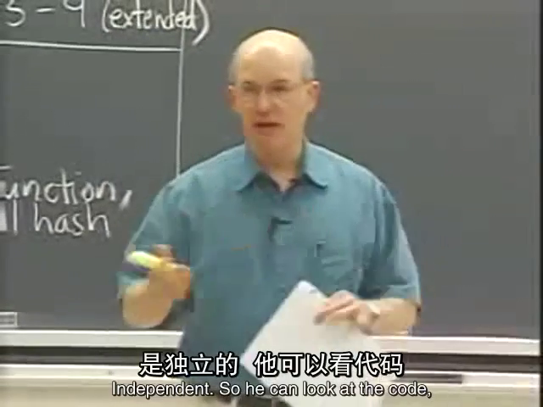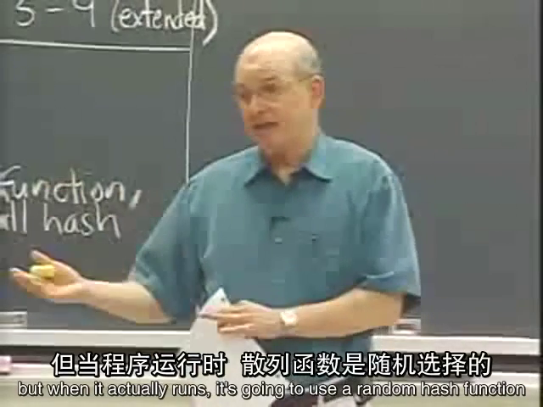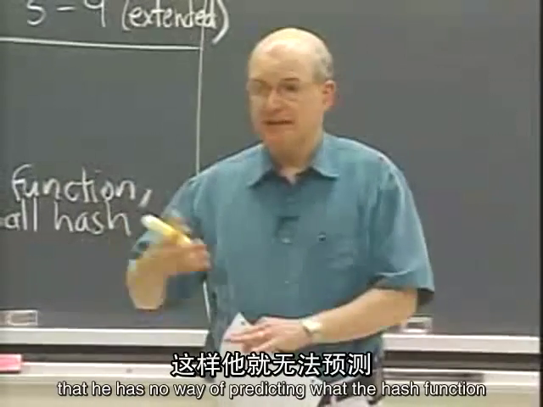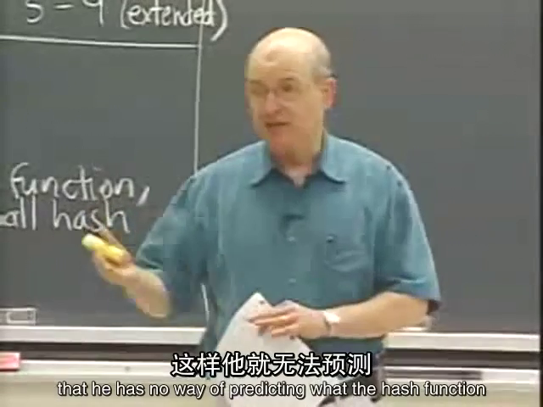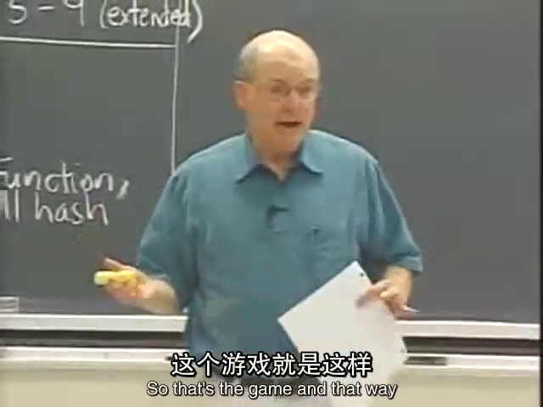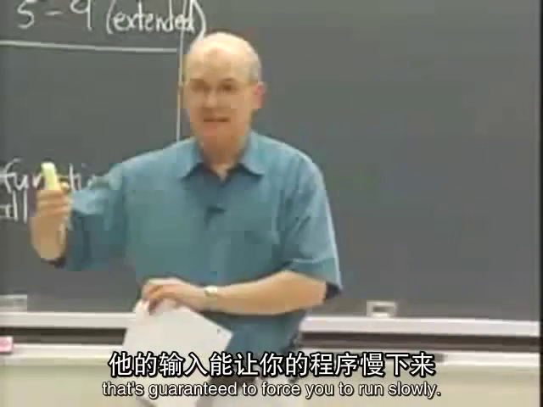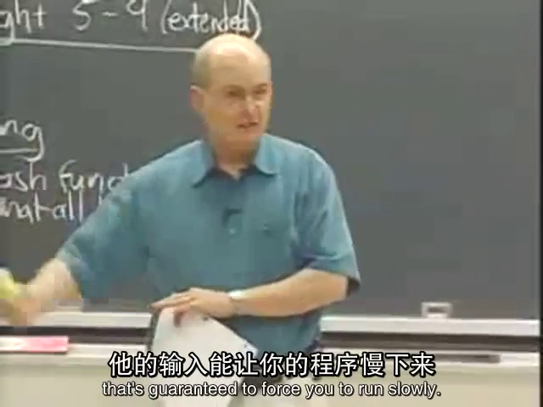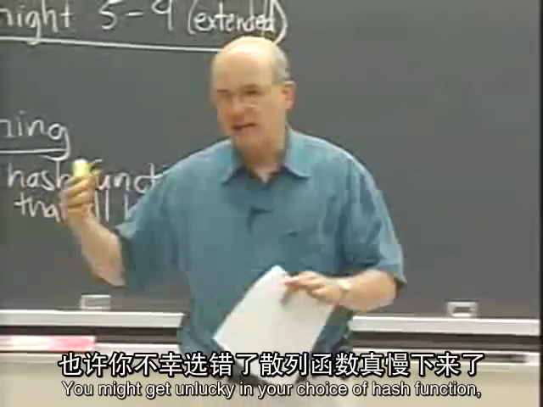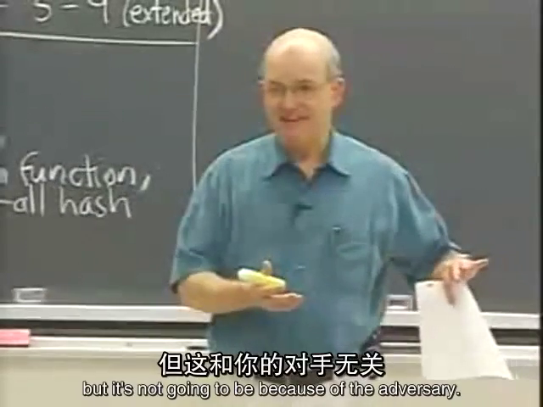So he can look at the code, but when it actually runs, it's going to use a random hash function that he has no way of predicting. That way he can provide an input, but he can't provide an input that's guaranteed to force you to run slowly. You might get unlucky in your choice of hash function, but it's not going to be because of the adversary.